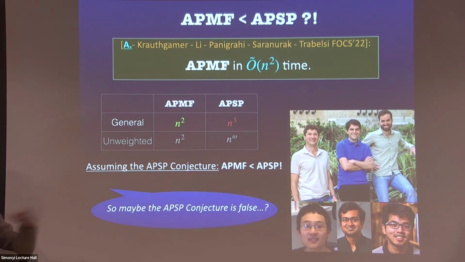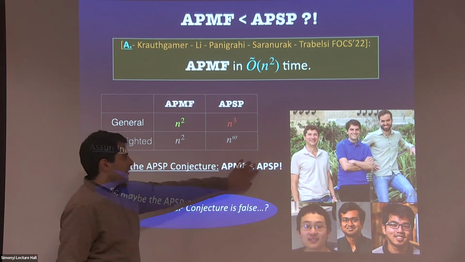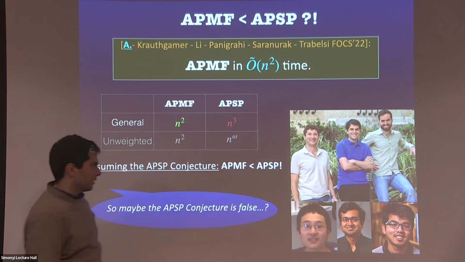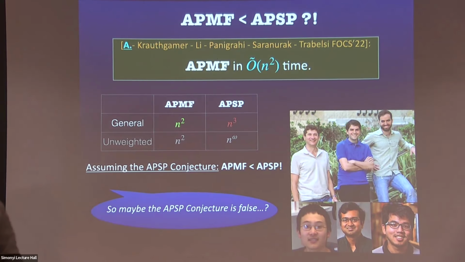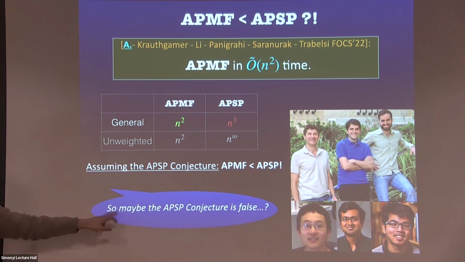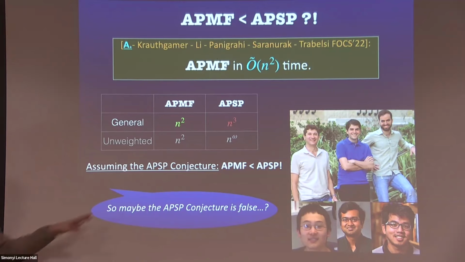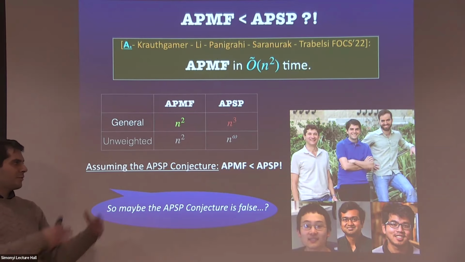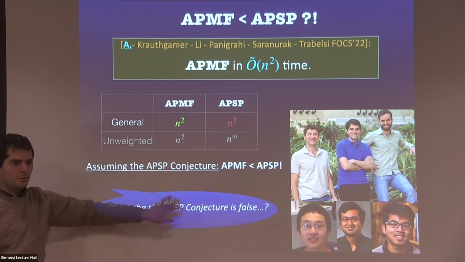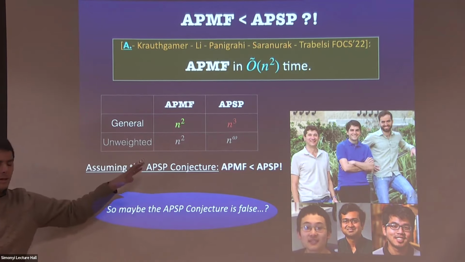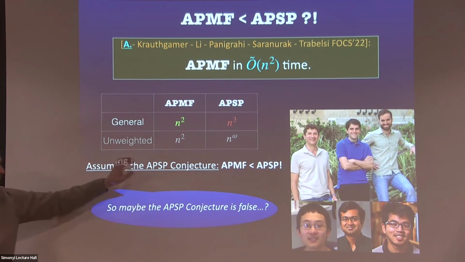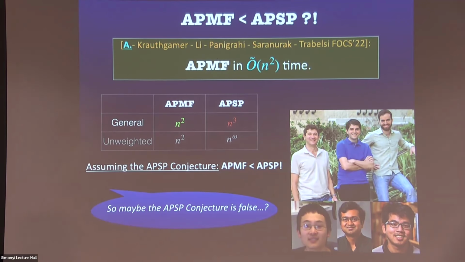And either you accept this or you try to break the conjecture. And I'm going to spend the last part of the talk on this. But before I talk about how you might take inspirations from this work to try to break the APSP conjecture, I want to spend a bit more on the max flow result.